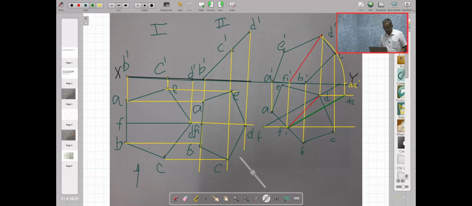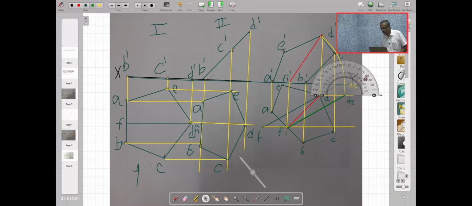And this is the way by which we are getting the true angle. So now let me find out. Let me use the protractor from the software. We got the protractor now. Let me keep it on this point D2. Very good.